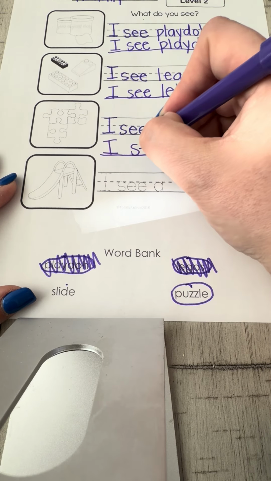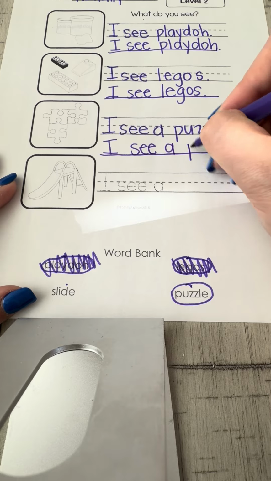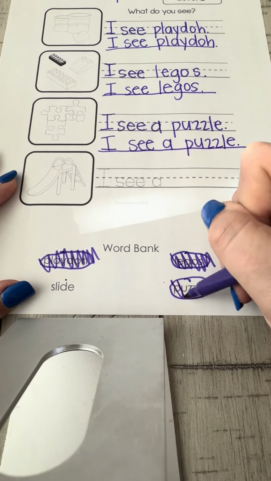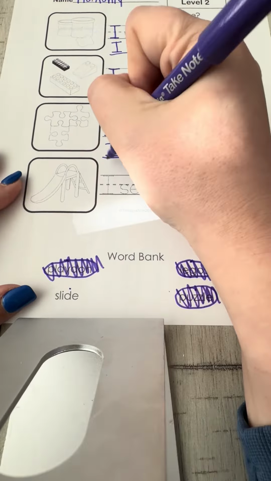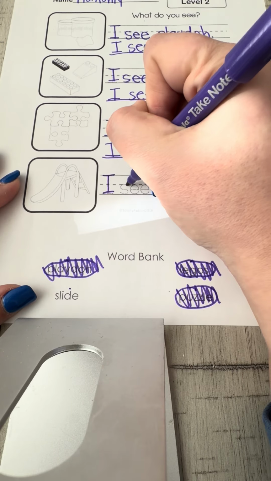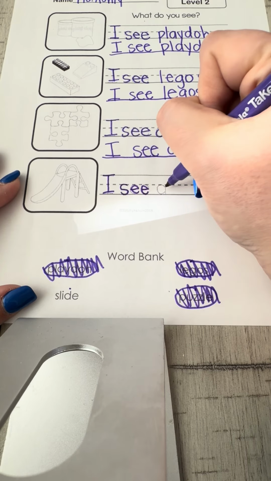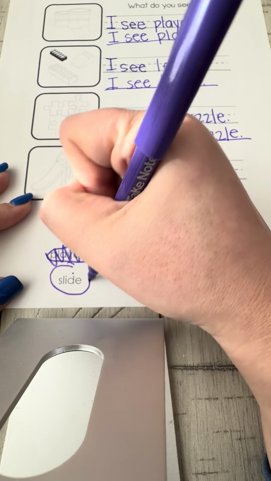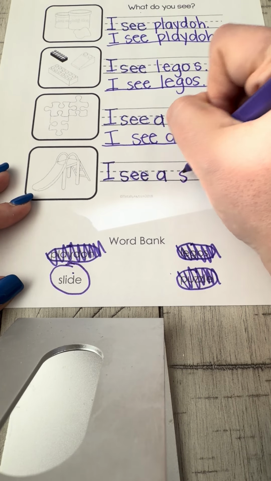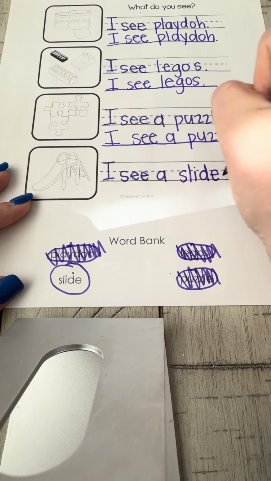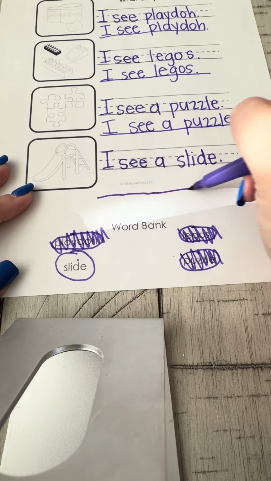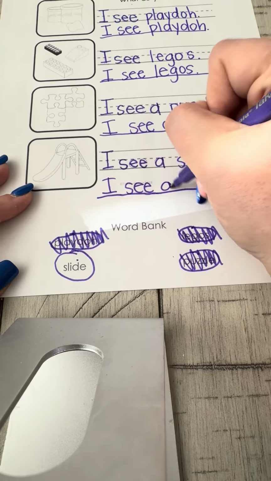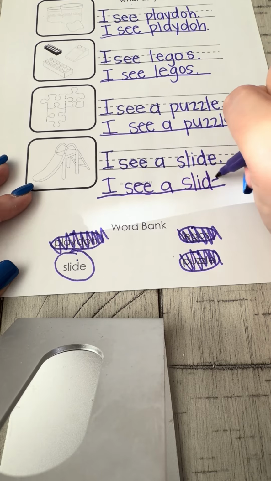I see a puzzle. All right, the last one, start with our stem. I see in the picture, I see a slide, and that is our last word, slide. And I'm going to write it one more time. I see a slide.